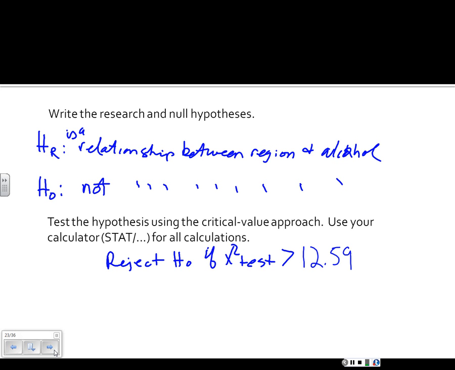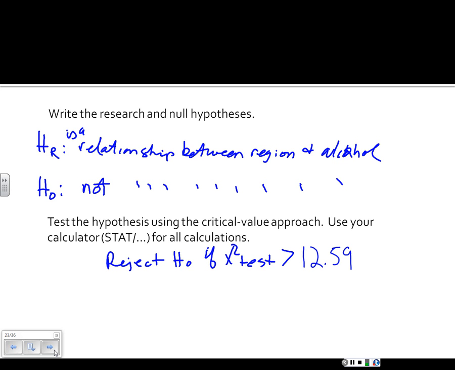Okay, this says use your calculator for the calculation. So this one works a little bit differently than the other ones. What you do is you set up a matrix and put the values in there. Since you go to the matrix, it's second, and it's about the 3rd or 4th button down on your left-hand side. Yeah, the 4th one.